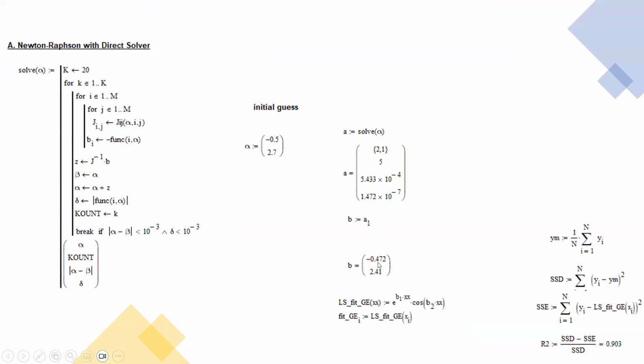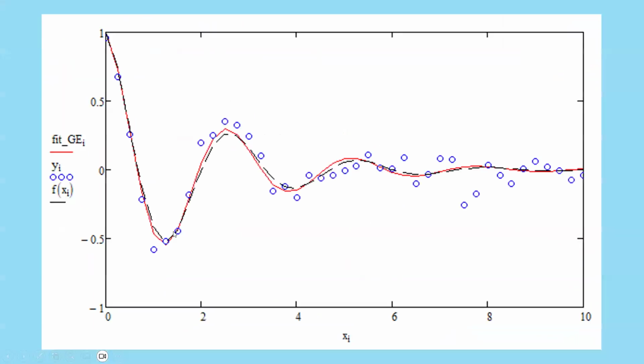As you can see, the exact value is negative 0.5, and this is negative 0.472, which is very close to negative 0.5. For this reason, the correlation coefficient is a large number. And this is our fitting function over these noisy data.